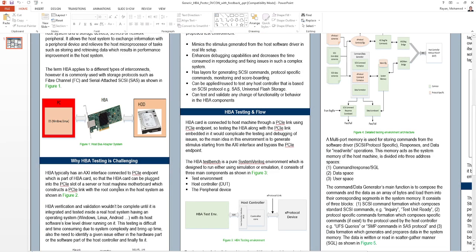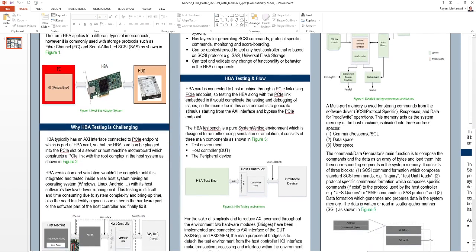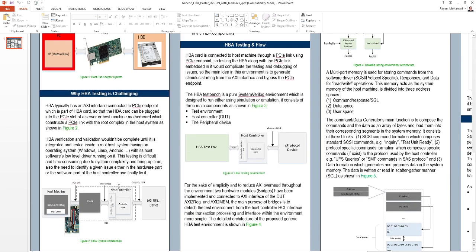Before discussing the details and the challenges of host bus adapter testing, let's talk in more detail about the host bus adapter system. Usually, the host controller has an AXI interface connected to a PCIe endpoint, which is plugged into the PCIe slot in the motherboard, and hence connected to the host machine.